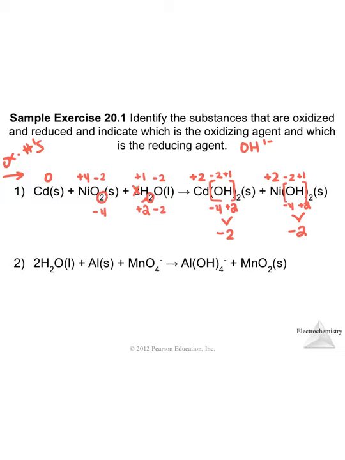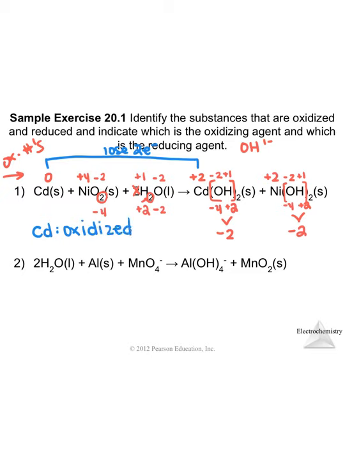Okay, so now we're going to look at the changes. Cadmium goes from 0 to +2. In order to go up in charge, you have to lose 2 electrons. Oxidation is loss, so cadmium is oxidized.